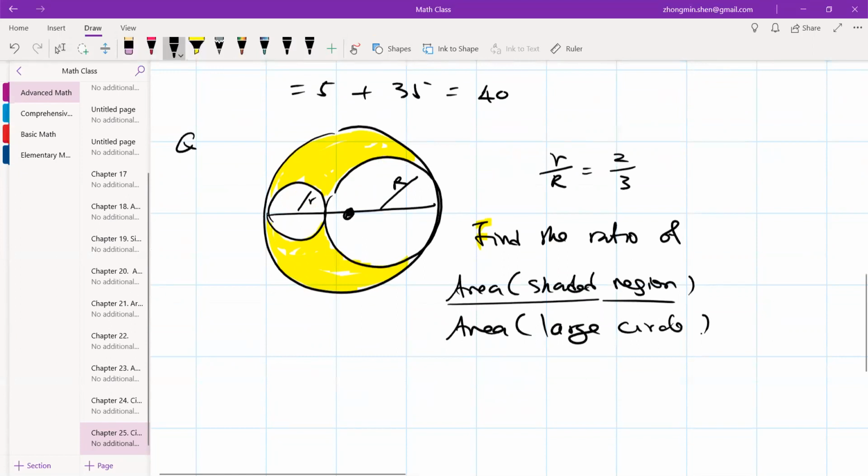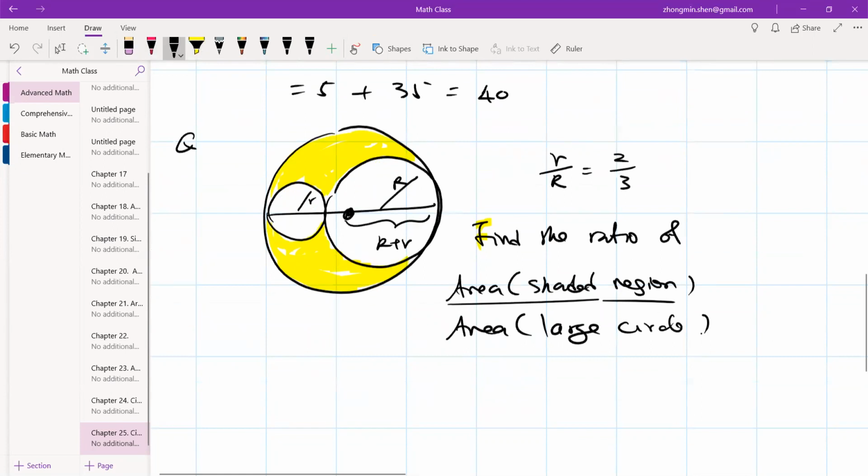It's not in the middle, right? It's on the diameter, right? So the radius of this largest circle, I believe it's going to be capital R plus little r.